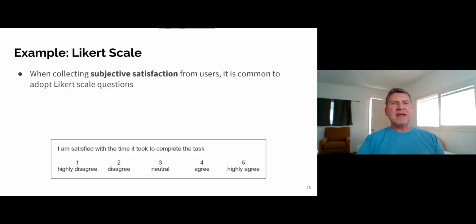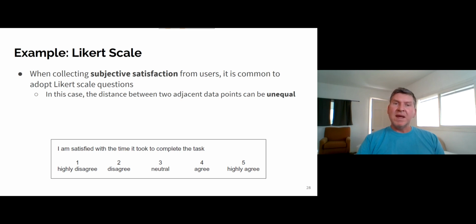Here's an example with a Likert scale. Here we want to make the assumption that the distance between each of those points is equal, but we could possibly have unequal data points, right? Order is preserved, so we always know that 3 is greater than 2, neutral is greater than disagree, but how much more is the difference between neutral and disagree and highly disagree?